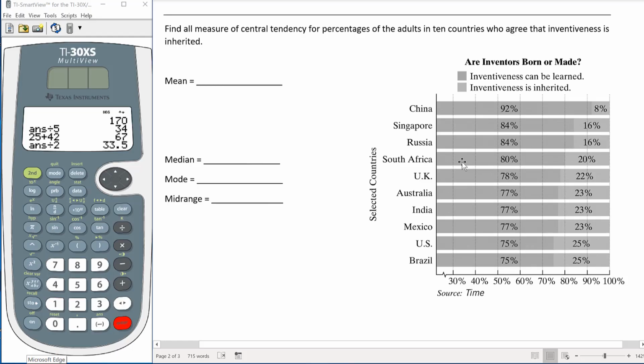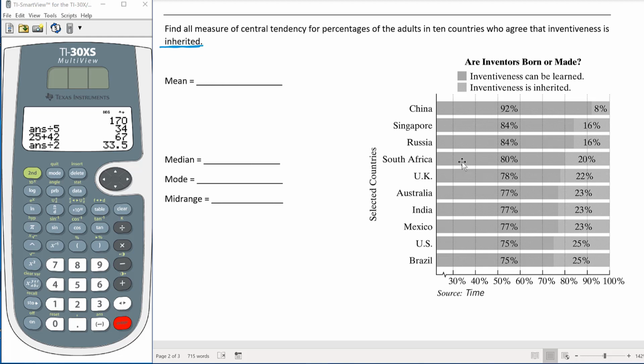So now we have the central tendency for the percentages of adults in 10 countries who agree that inventiveness is inherited. In my little table it says, are inventors born or made? People have different opinions in different cultures and countries. We want to know about people who believe it's inherited.